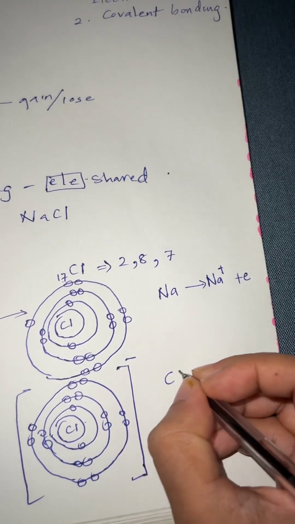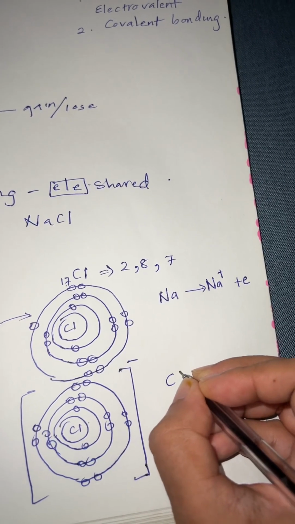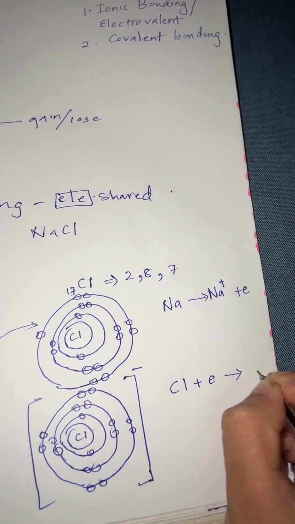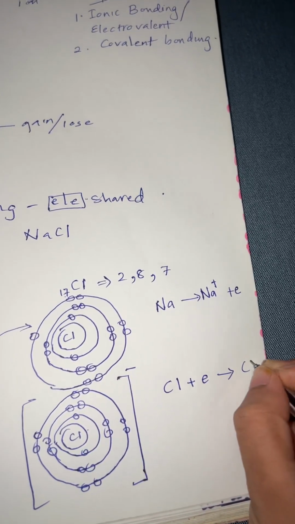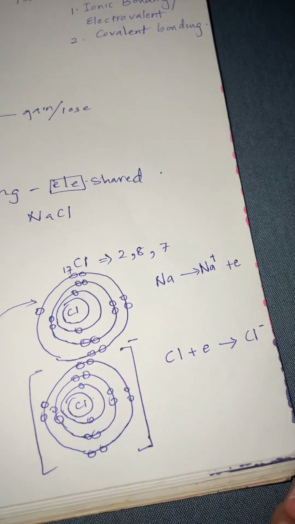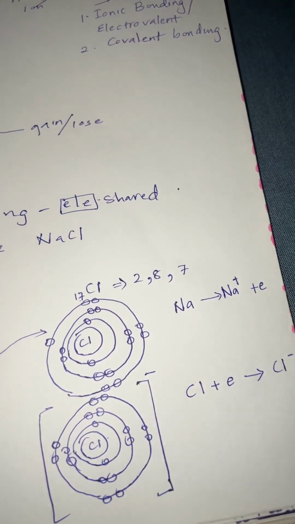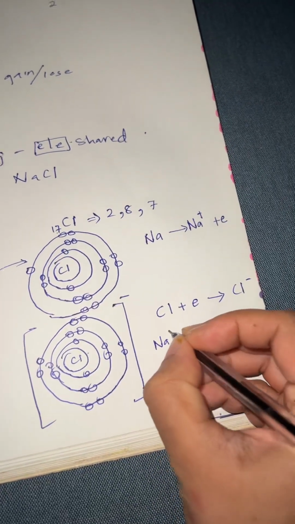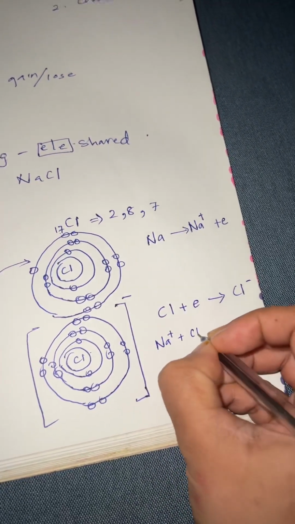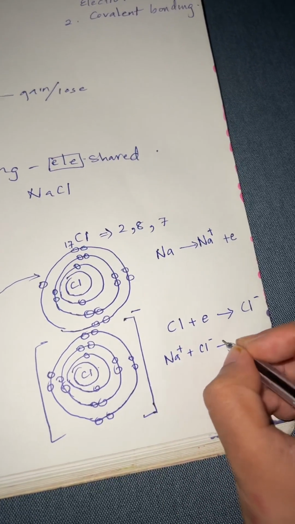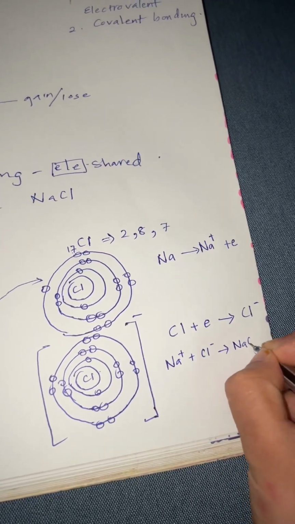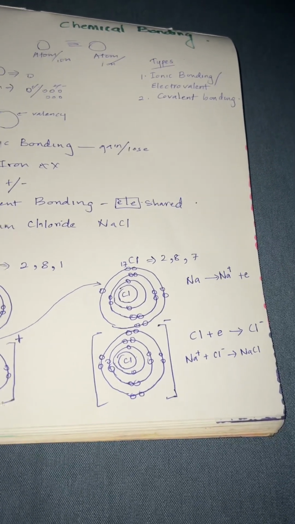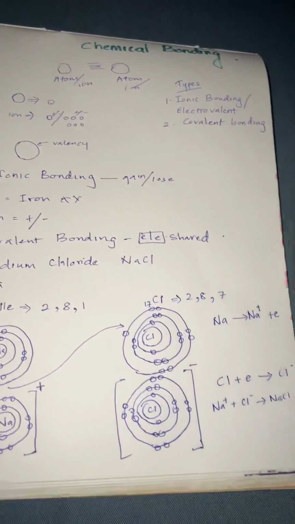Likewise, a Cl atom gains an electron to form Cl minus. So together we can write an equation: Na plus ion plus Cl minus ion join together to form NaCl, right? So I hope you understand this very clearly.